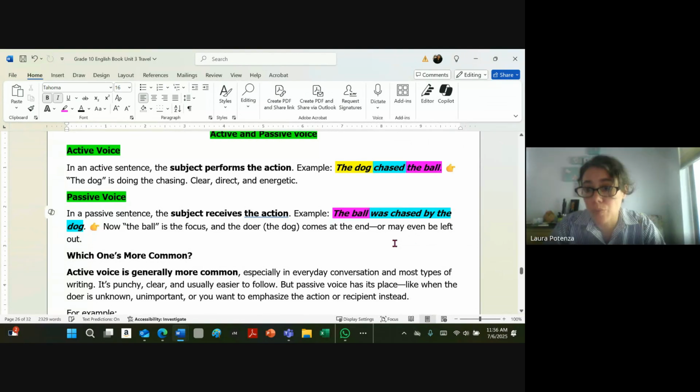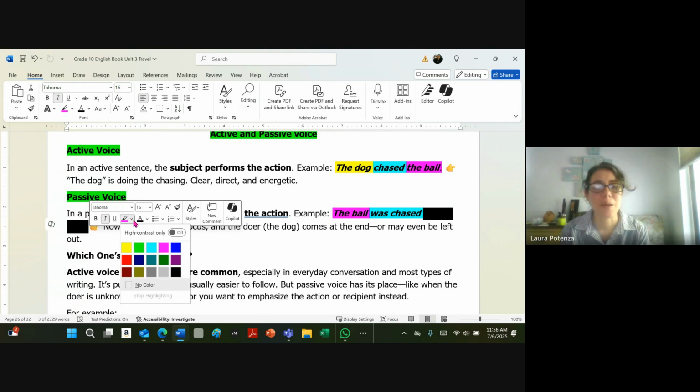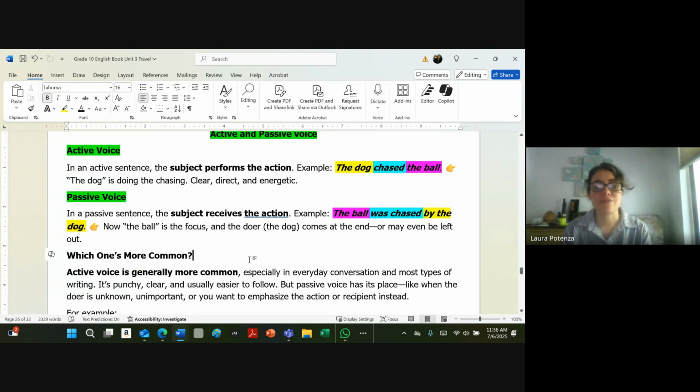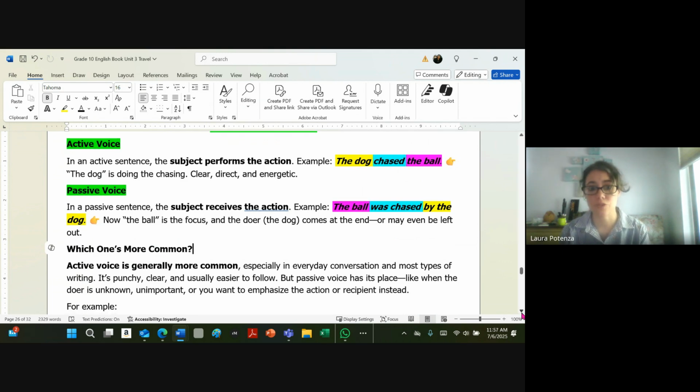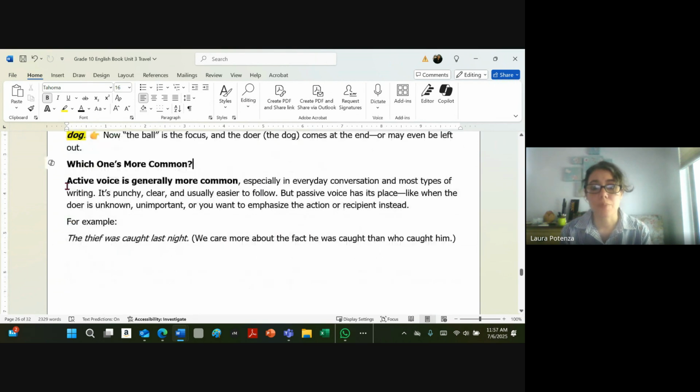You could just say the ball was chased. I think you'd want the dog in the sentence, but if the dog isn't important in the context and you just want to say the ball was chased, you can do that. Which one is more common? The active voice is generally more common, especially in everyday conversation and most types of writing.